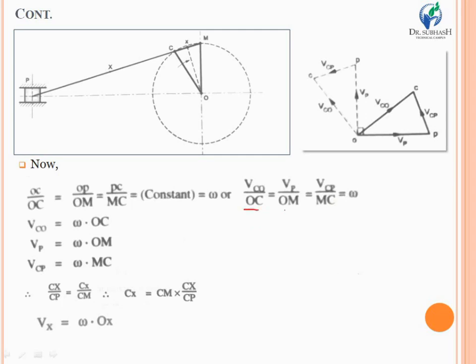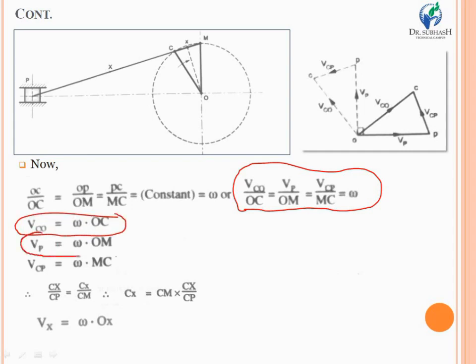Now from that relation you can clearly evaluate the velocity components of the different links. For example, VCO is equal to omega into OC. VP, that means the velocity of piston, will be omega into OM. VCP, the velocity of the connecting rod, will be equal to omega into MC.